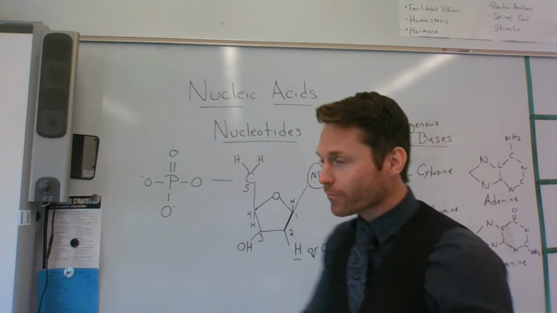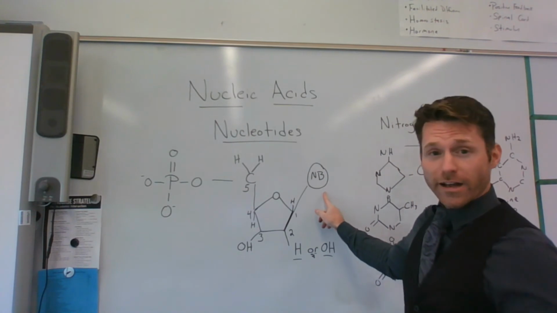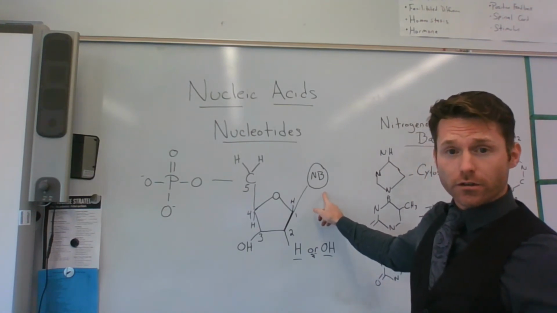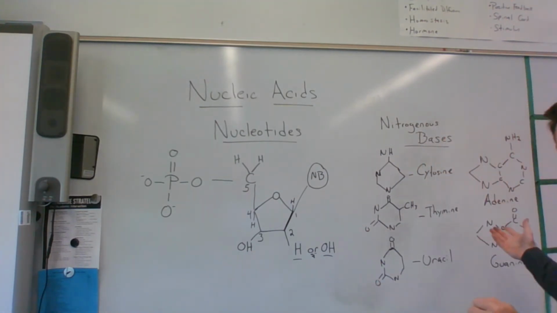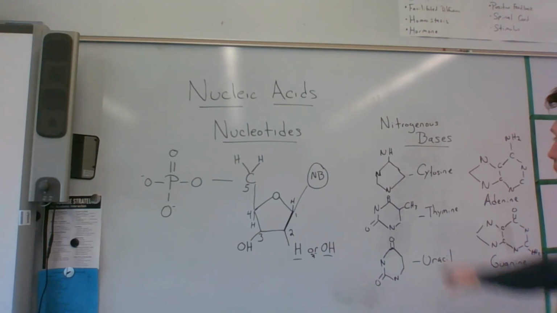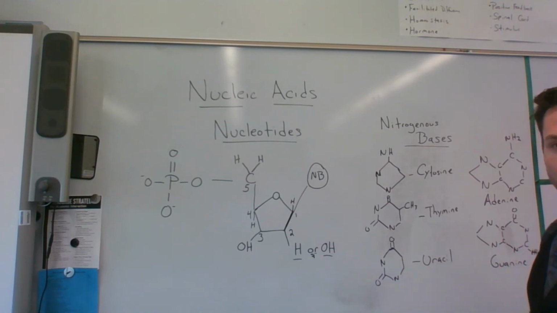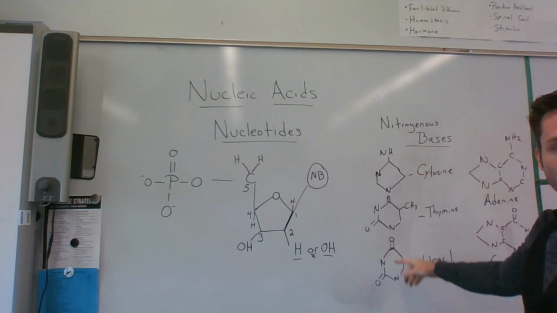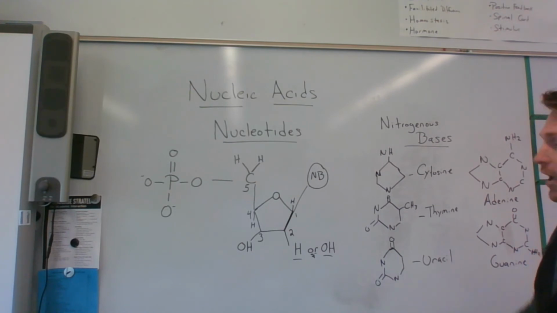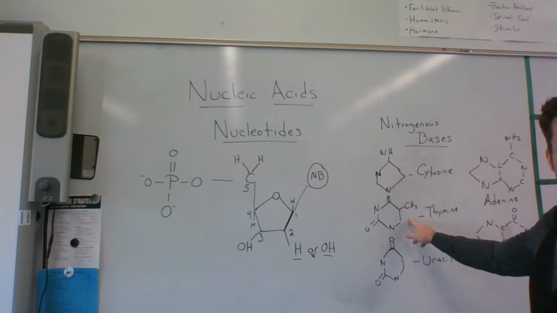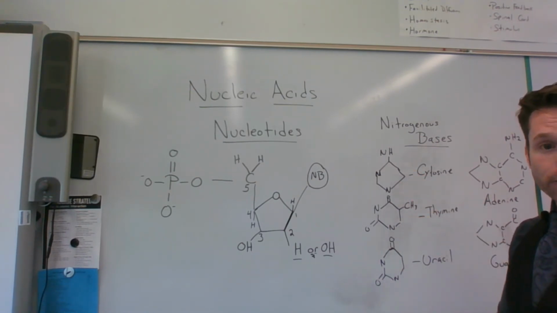So, a nitrogenous base can be any of the nitrogenous bases over here. On the left-hand column here, I have our pyrimidines, which are single ring units. I have cytosine and thymine, which are found in DNA.